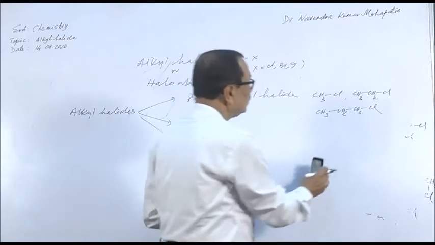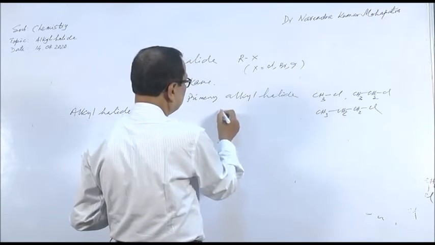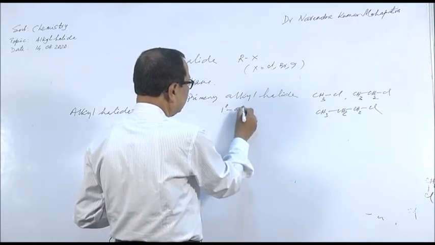So these are primary alkyl halides. It is also written, in short, as 1 degree alkyl halide.